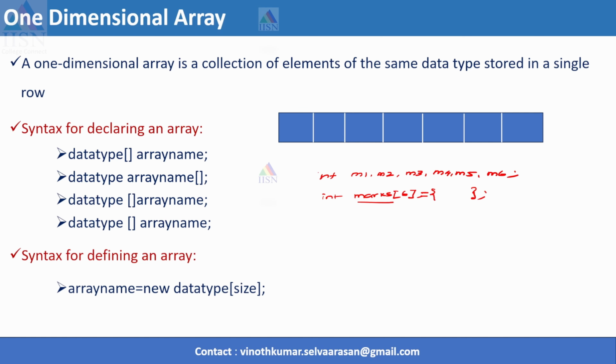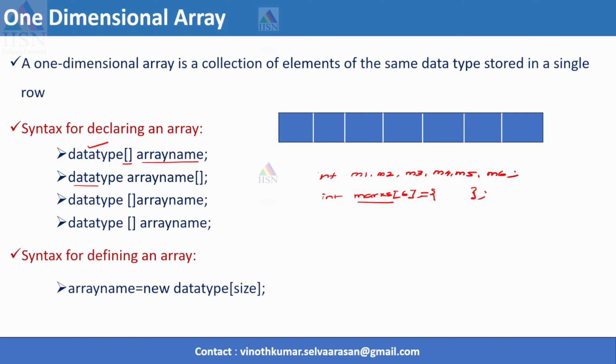An array is one single location where we can store multiple values. Here you see the syntax for creating an array. First we declare, then we define, or else we can declare and define an array in one single statement. We need to mention the data type, then the square brackets followed by the array name.